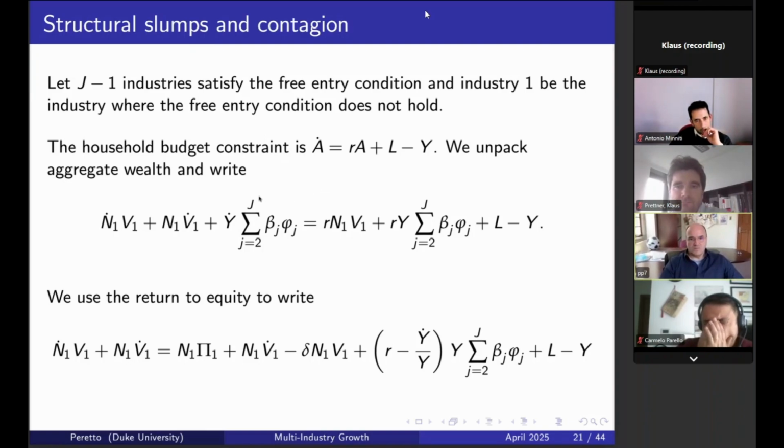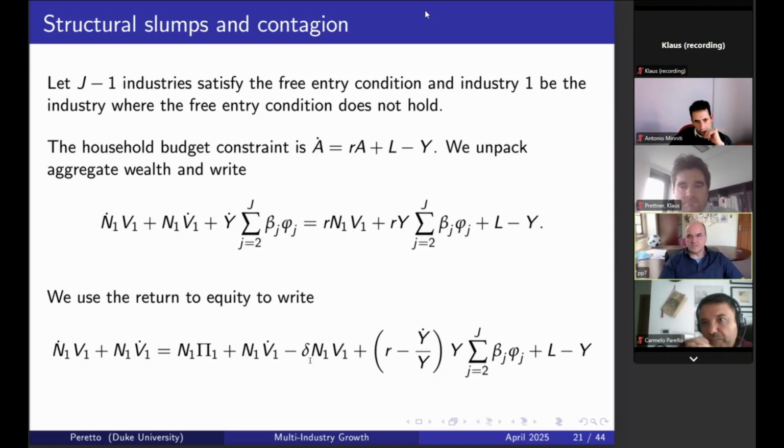That's what we're doing. So then we use the expression for the rate of return to equity to transform this equation into something in this expression over here that contains the profits of industry one, all these terms of industry one, and then this term over here, because now industry one has shut down completely firm investment and entry.